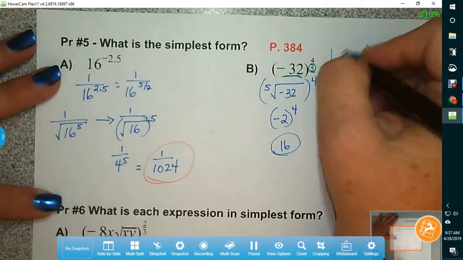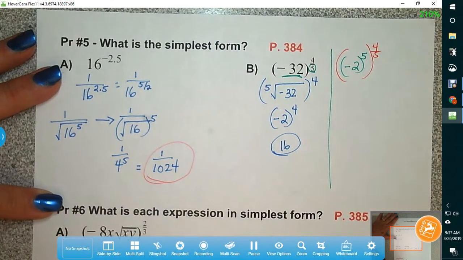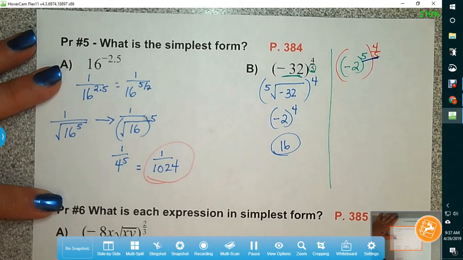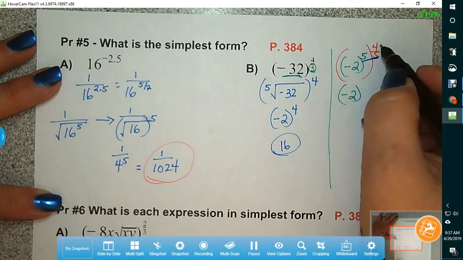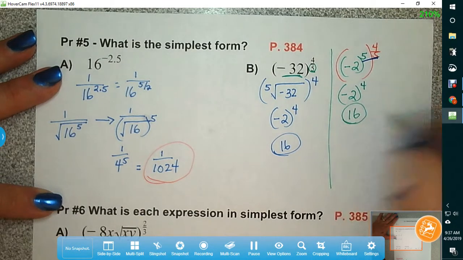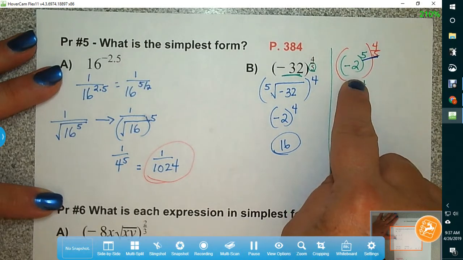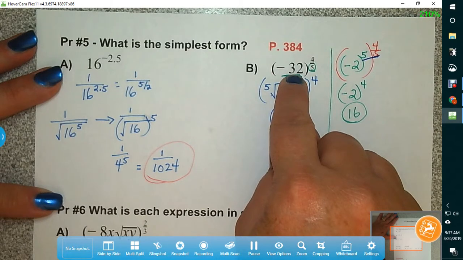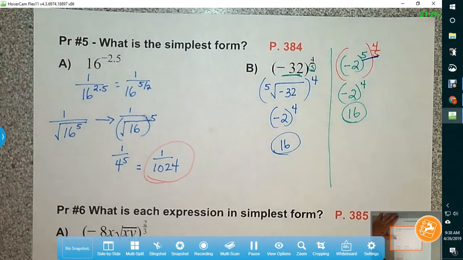But then all of that is to the 4/5. When you have a power to a power, you multiply. So what I end up with is negative 2 to the 20 over 5, which is 4, gives me 16. Same answer, two different methods. This one looks shorter, but it's only good if you know how to rewrite negative 32 as negative 2 to the 5th. Okay? Either way will get you there.